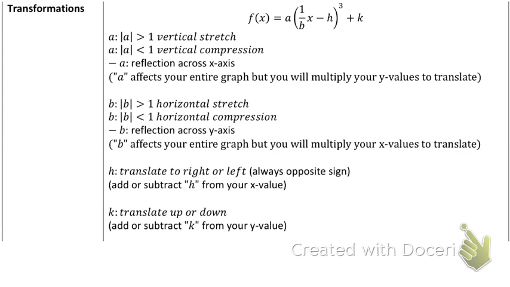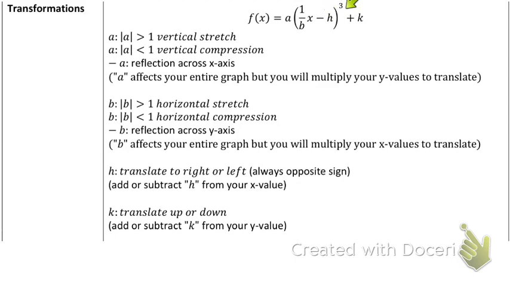Since we are dealing with a specific equation, a cubic, to find or dissect our A, B, H, and K, the locations are pretty much the same idea, but instead of having the function f like we did previously, this is going to be in equation form. If you notice, we have the power of 3 here.